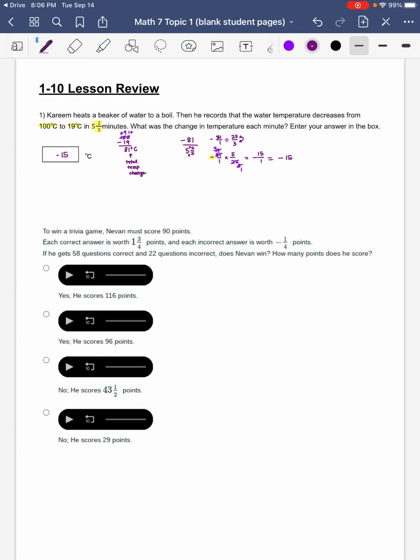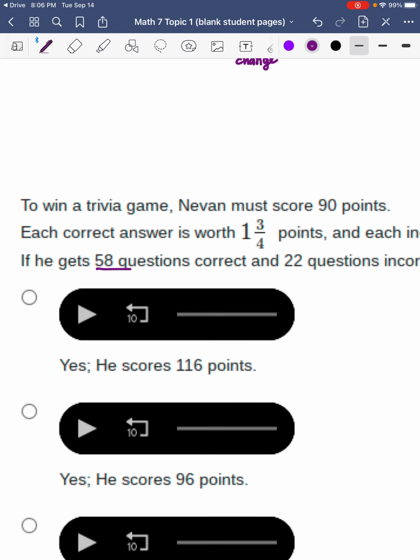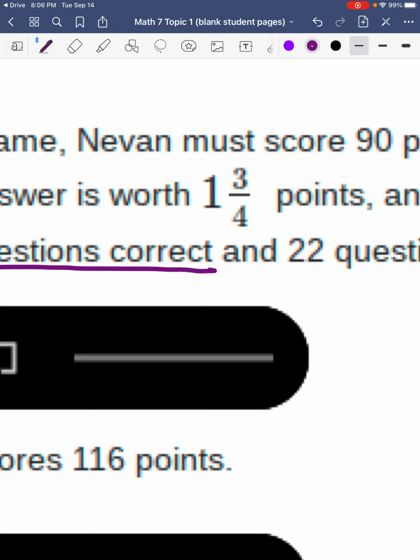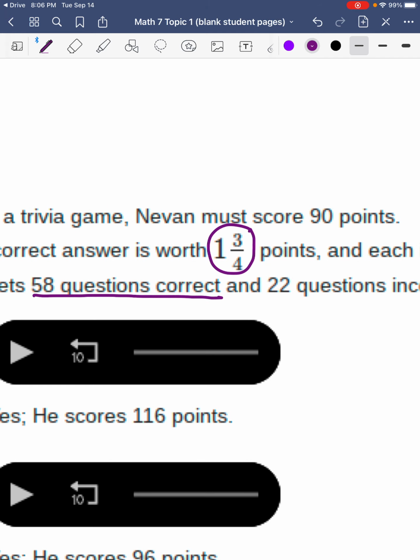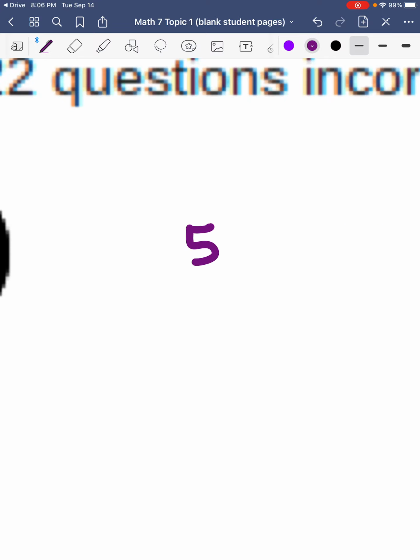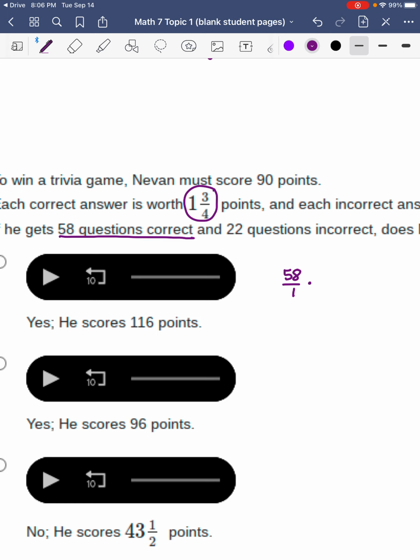Okay, so we know he must score 90. He gets 58 questions correct, and those are worth 1 3/4 points. So I'm going to multiply those two numbers together. So how do I write 58, this whole number here, as a fraction? Well, 58 over 1. So we have 58 over 1 that we're going to multiply with 1 3/4.